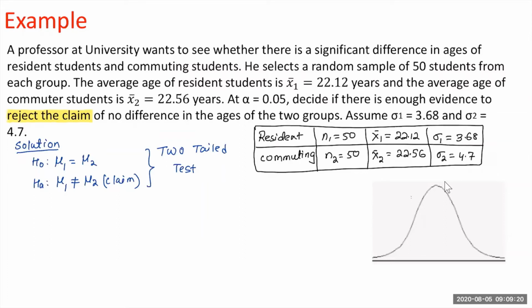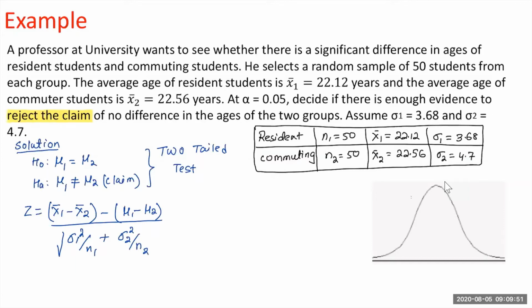So z is equal to, if you remember the formula, the difference of the sample means minus the difference of the population means, divided by the square root of the population standard deviation of the first squared divided by sample size n1, plus the population standard deviation of the second squared divided by the sample size n2. Everything under the square root.